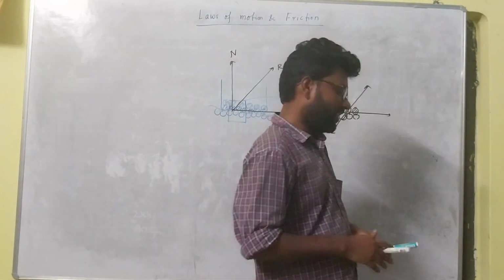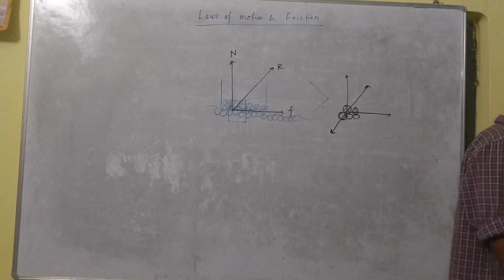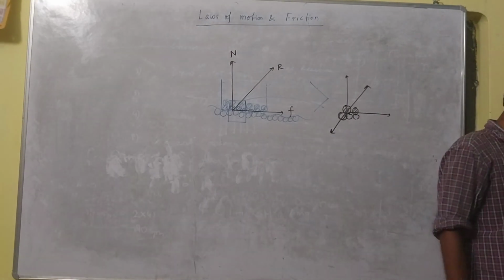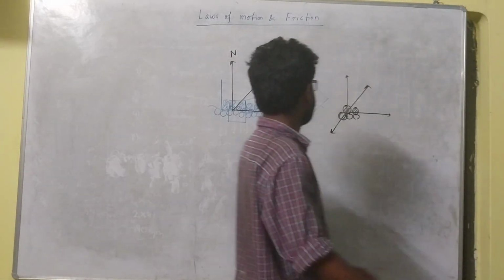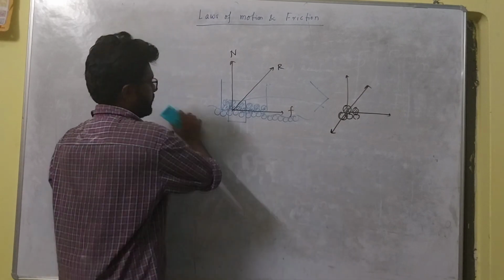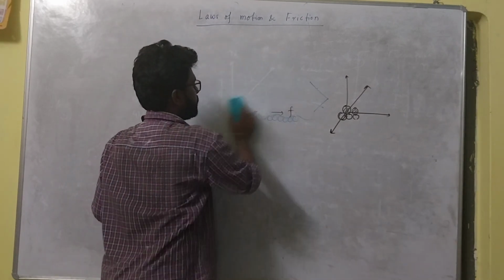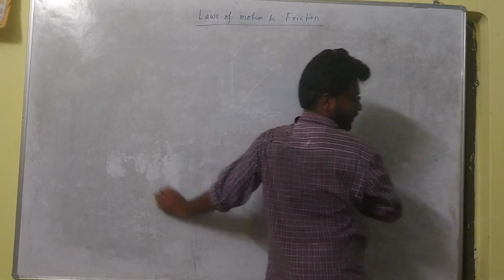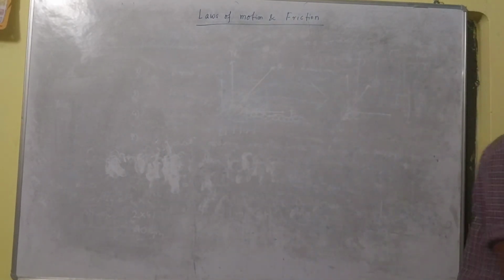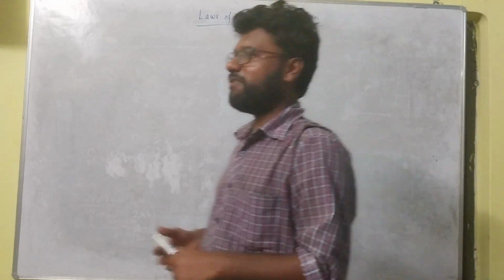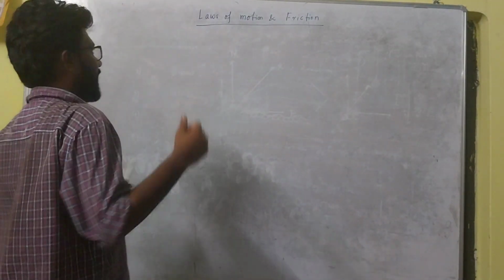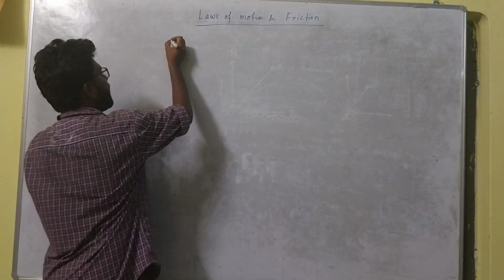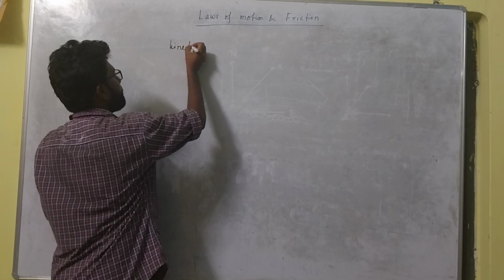Okay. Now there are three types of friction you can encounter here. One is static friction, one is kinetic friction, and the third is rolling friction. First of all, just imagine what kinetic friction is.